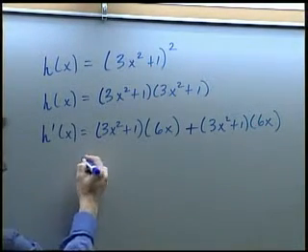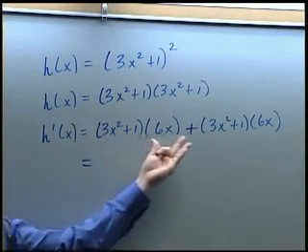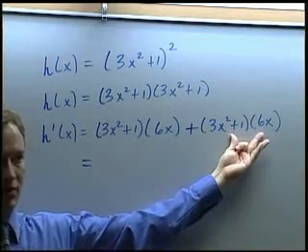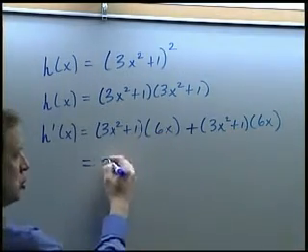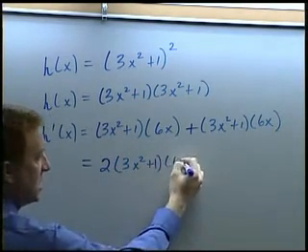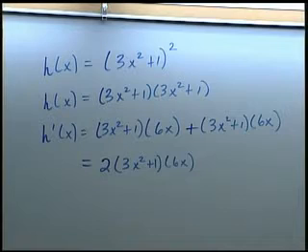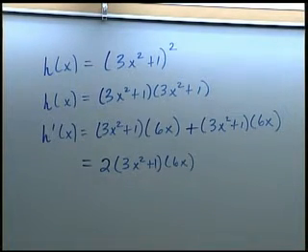If we were to simplify this, don't I have two copies of the exact same thing? Yes. So I'm going to rewrite this as 2 times (3x squared plus 1) times 6x, and just stop for right now. There's more algebra that could be done, but I want to leave it in this form.